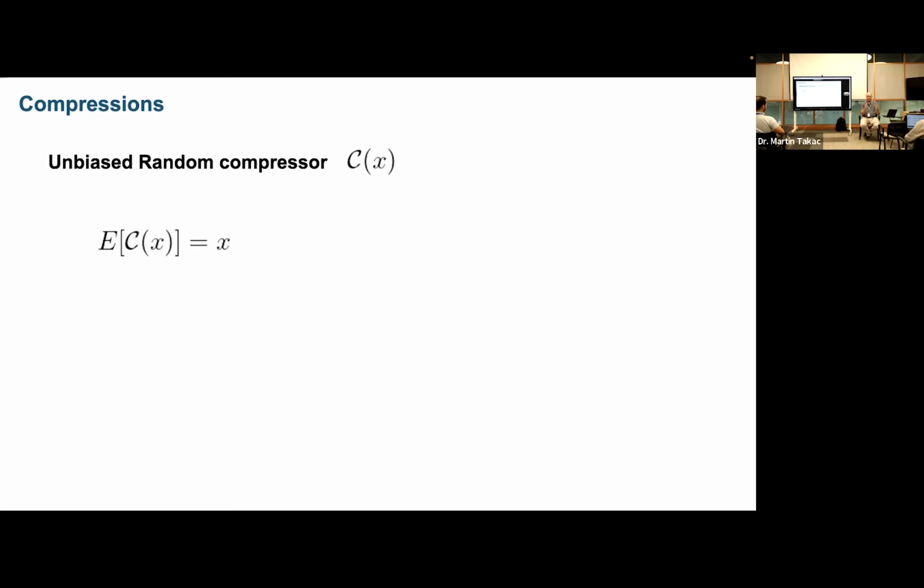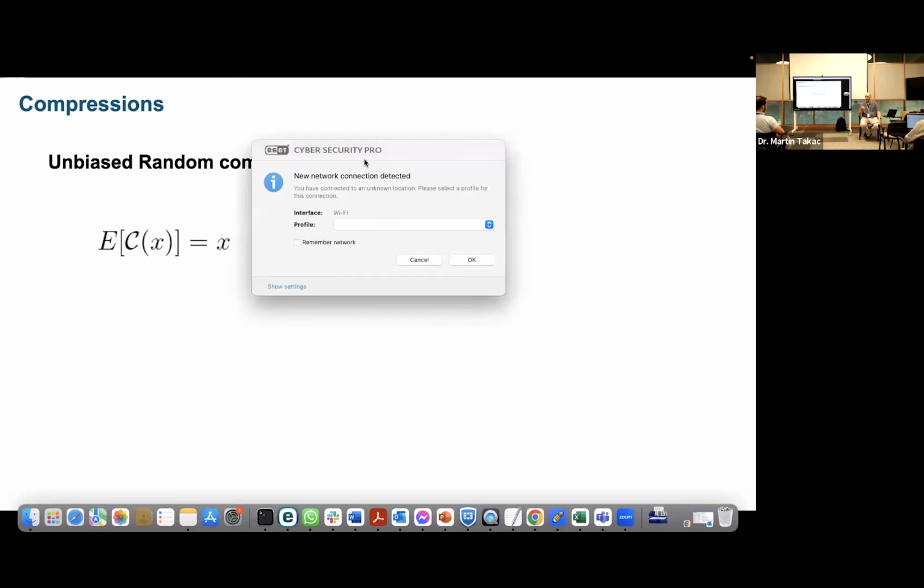I need 32 bits to represent a number from 0 to 1 in a float. Maybe I can do a compression, maybe a random compression, where I need only 1 bit. Imagine this one. I want to have only 1 bit to tell you what the number is. It's crazy, right?